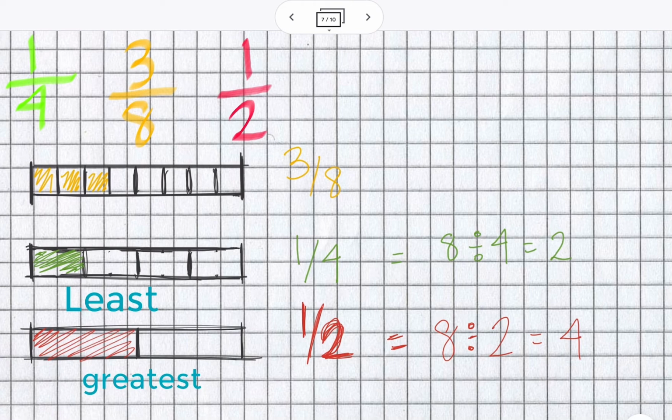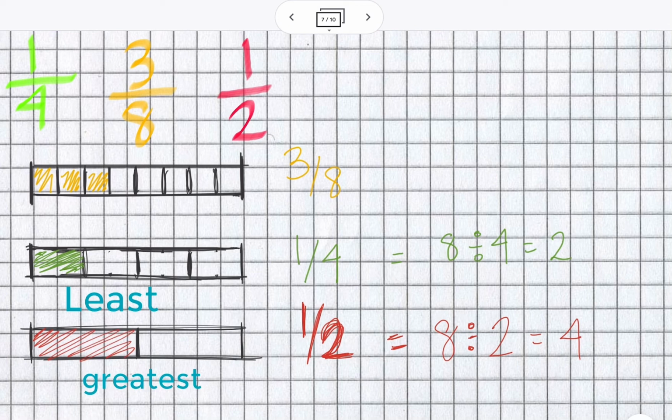And so to figure out what we need to color on 1/4, we will do 8 divided by 4, which is 2. And so that's going to be every 2 blocks. So then you put a line at every 2 blocks, and then we fill that in with 1/4, so we would color in just one section.